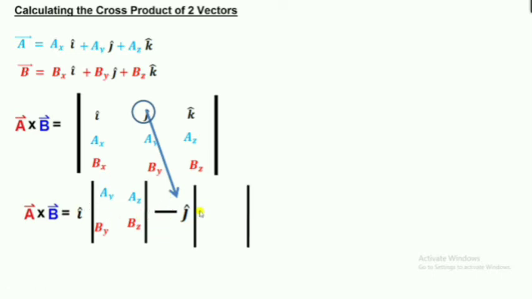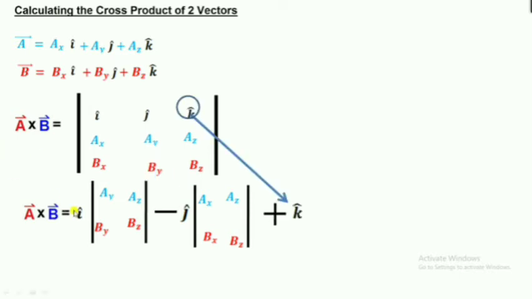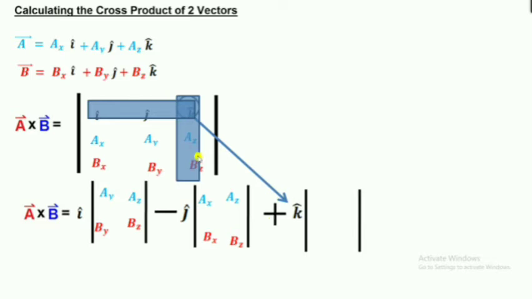Then I'll cancel the row and column with j, and I'll copy these 4 elements out here. And then again, the formula is plus minus plus, plus I minus j plus k. So again I'll cancel the row and column of k, and I'll copy this. Now I have to solve this.